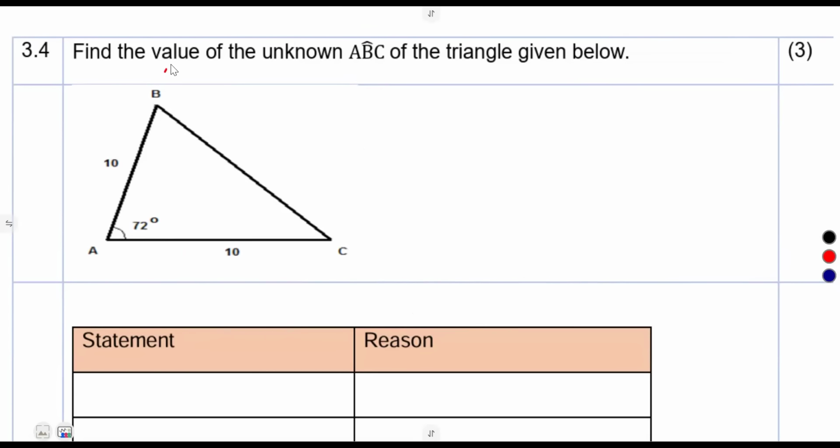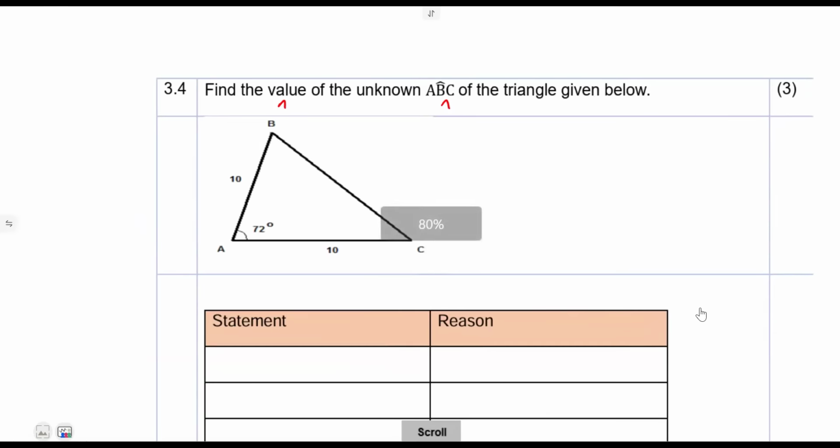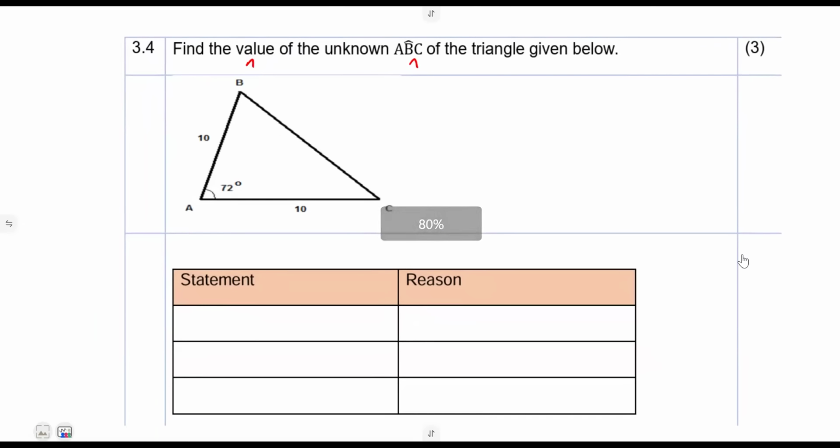3.4. Find the value of the unknown angle ABC of the triangle given below. Okay, this is A, B, C. They gave us 10, they gave us 10 here. What is the meaning of that? It means these two sides are equal. This is 10, this is 10. So angles opposite those sides must be equal.